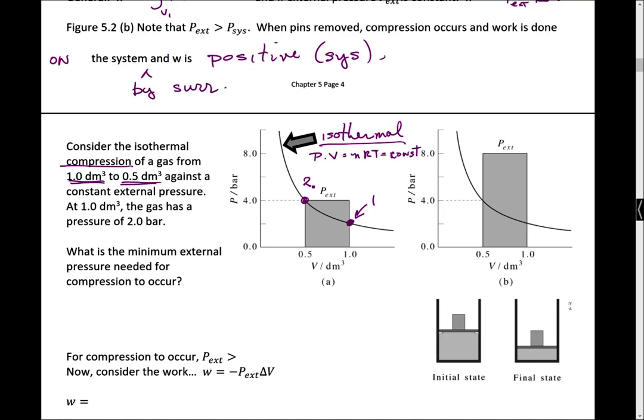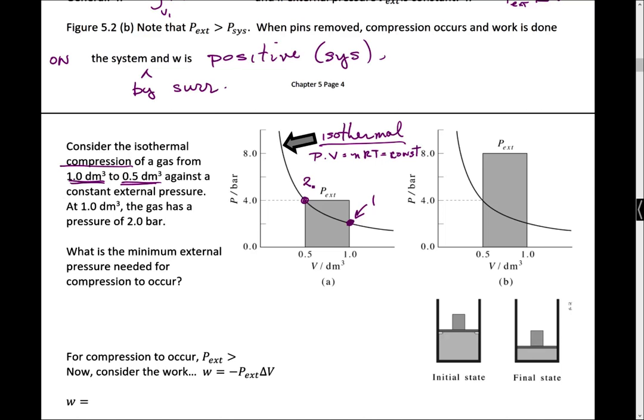And it should be pretty clear that if my external pressure was the same as this pressure, I'm not going to get any change, right? And so that means the external pressure has to be greater, right? Because I want a compression, right? And the isotherm basically tells me that this is the minimum pressure that will get me that compression.